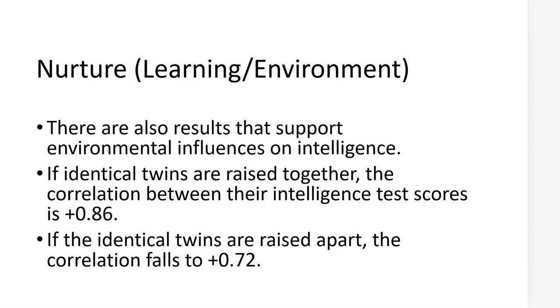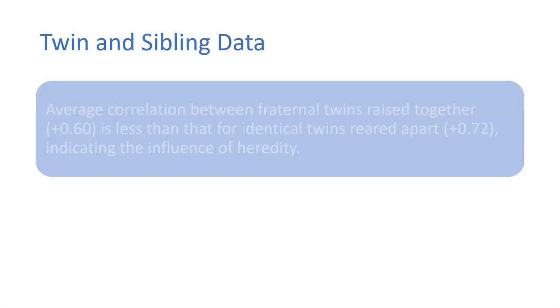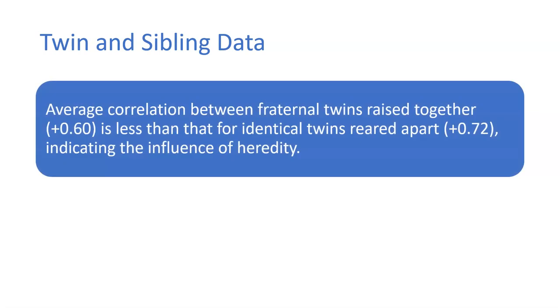If identical twins are raised apart, the correlation goes down. Not a ton, but it goes down a significant amount. So what that shows is that you have that base that comes biologically of similarity, but then environment can impact the degree to which that baseline capacity is expressed. When we're looking at twin data and sibling data, the average correlation for fraternal twins who are raised together is about 0.6.